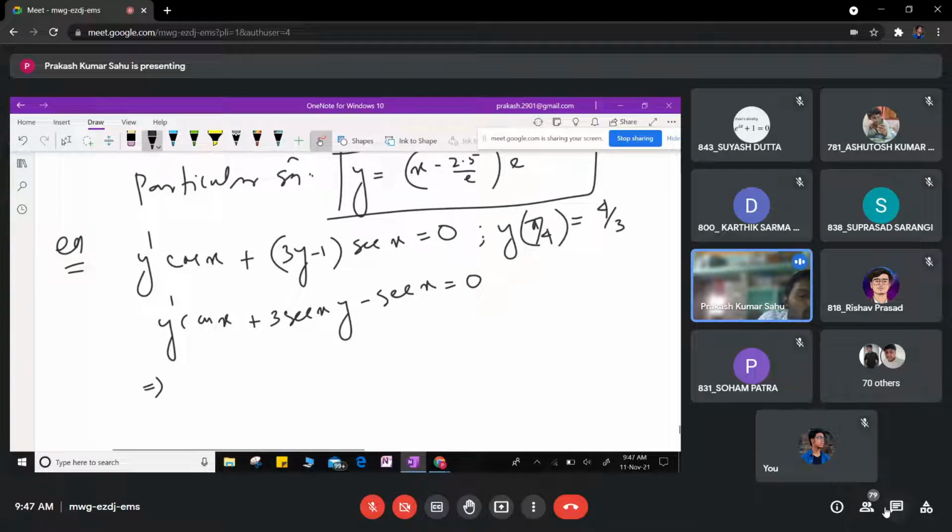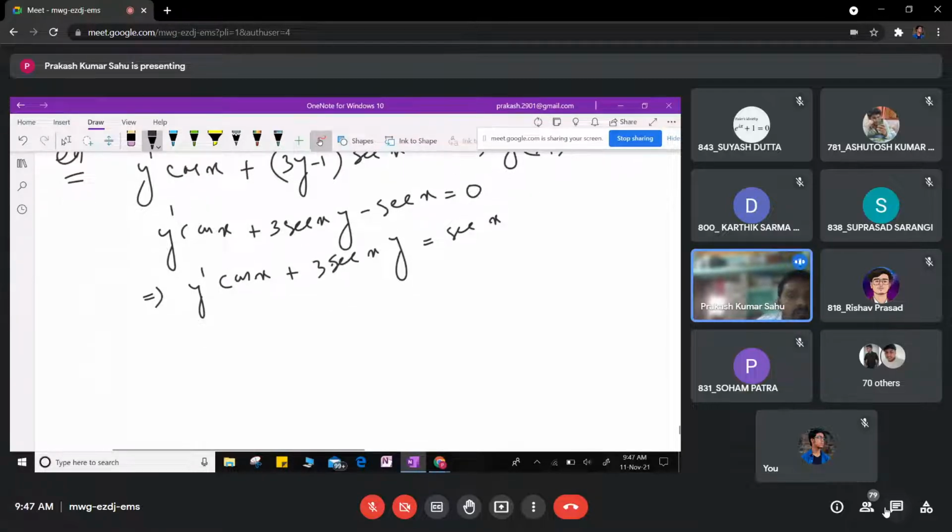Simplifying, y dash into cos x plus 3 sec x into y is equal to sec x, since the minus term is going to the right hand side. So what do I need? The coefficient of y dash should be 1, so I divide both sides by cos x. So y dash plus 3 sec x by cos x into y is equal to sec x by cos x.